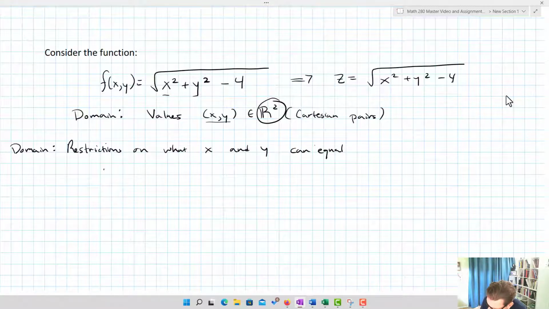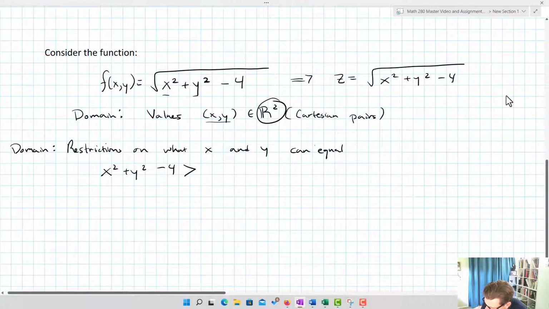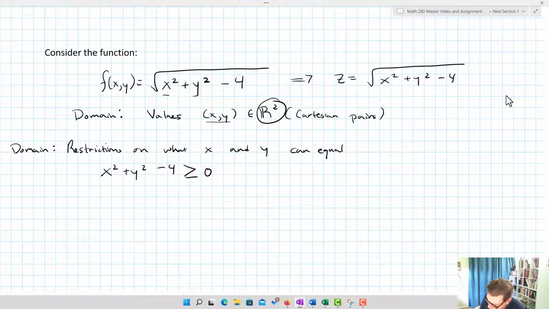In fact, x squared plus y squared minus 4 has to be greater than or equal to 0. Well, if that's the case, then x squared plus y squared is going to have to be greater than or equal to 4, if I add over the 4.